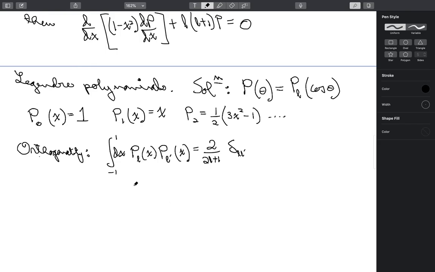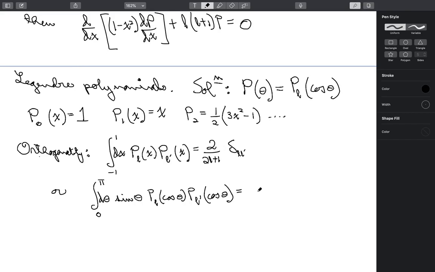You can write the equivalent. If we go back to theta notation, this is like saying the integral between 0 and pi d theta with sine theta, because we're just doing the Jacobian, right? x is cos theta, so we just get minus sine, but then -1 to 1, so I integrate 0 to pi, of P_L of cos theta and P_L' of cos theta.